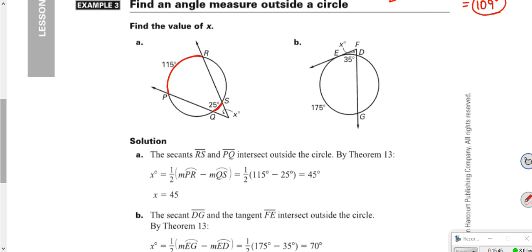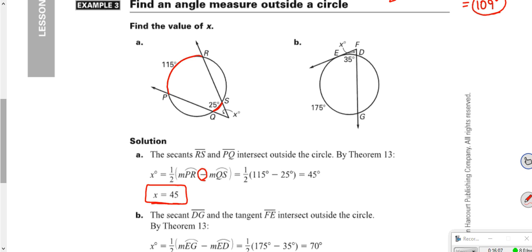And this is 1/2 the difference. So if you're looking for the measure of an angle outside the circle, then it's 1/2 the difference of the intercepted arcs. Okay, so 1/2 of arc PR minus measure of arc QS, and that's where they get the 45.